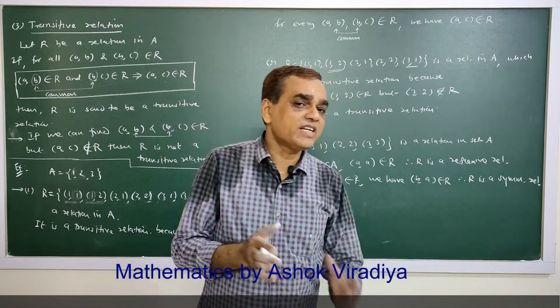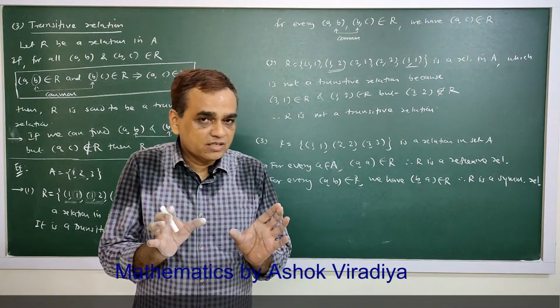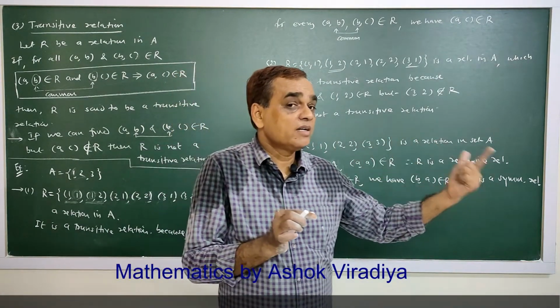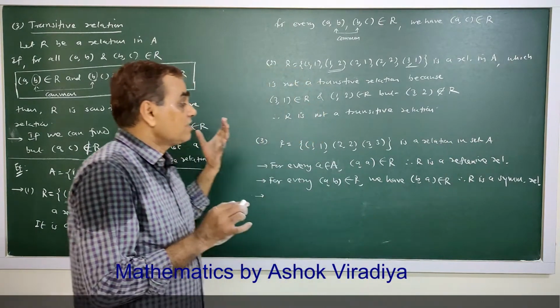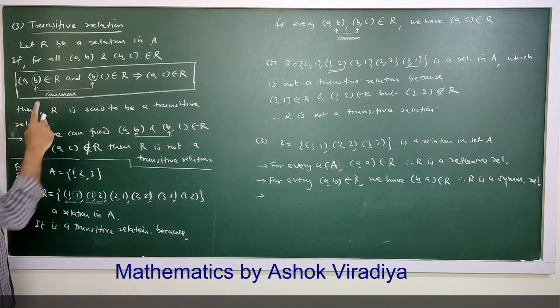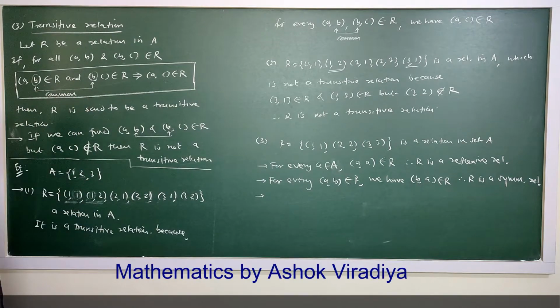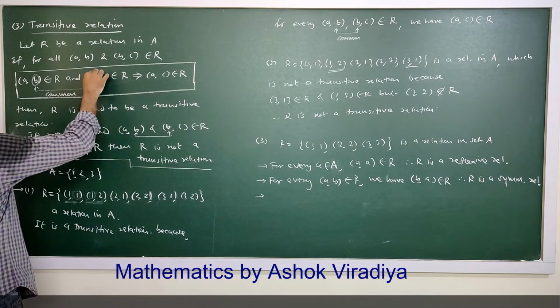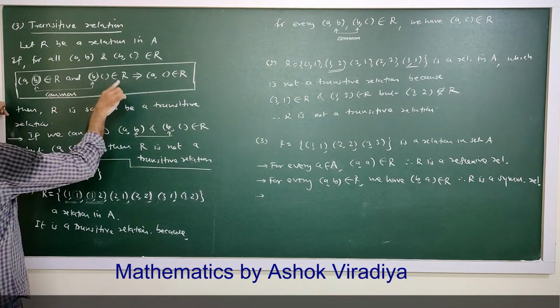But if you find at least a pair of elements in which b is in common, and (a,c) does not belong to R, then it is not transitive. This is a conditional statement. You have to find b in common. Find such a pair of elements.